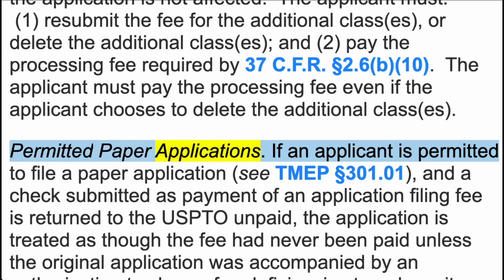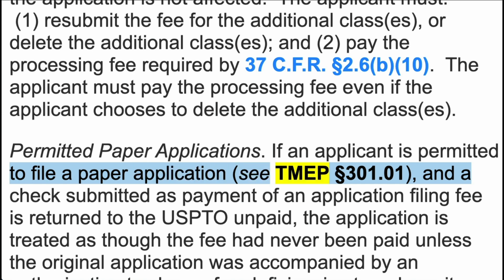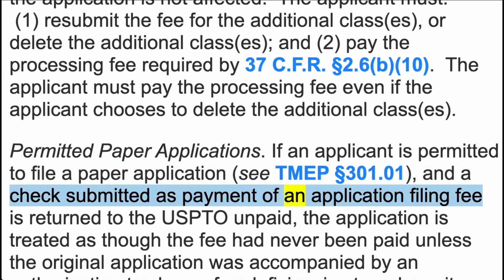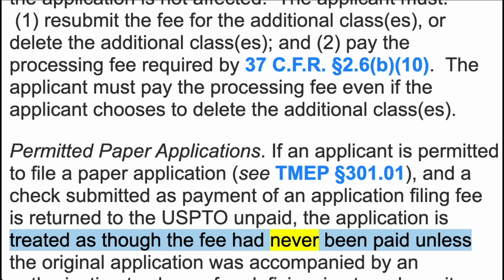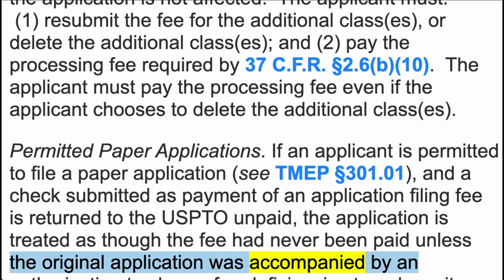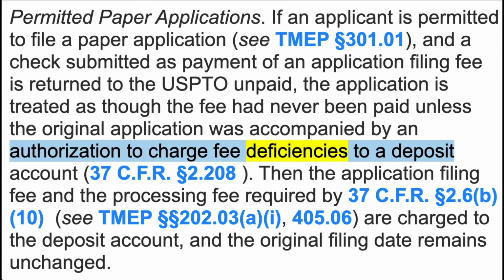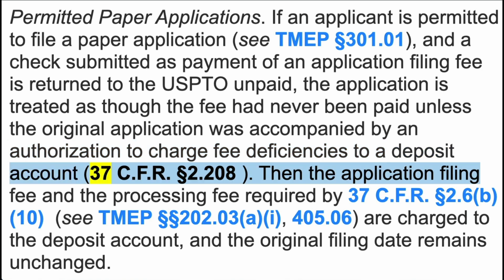Permitted paper applications. If an applicant is permitted to file a paper application, see TMEP Section 301.01, and a check submitted as payment of an application filing fee is returned to the USPTO unpaid, the application is treated as though the fee had never been paid unless the original application was accompanied by an authorization to charge fee deficiencies to a deposit account. 37 CFR Section 2.208.